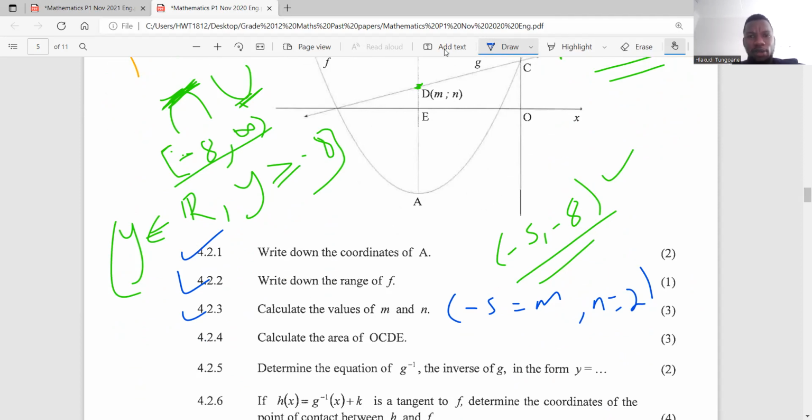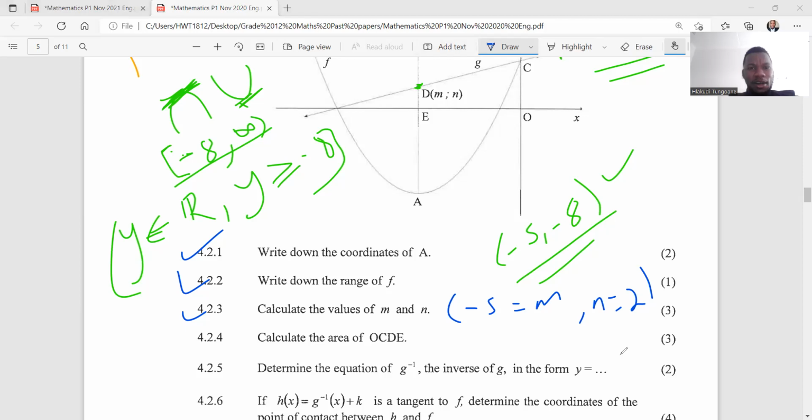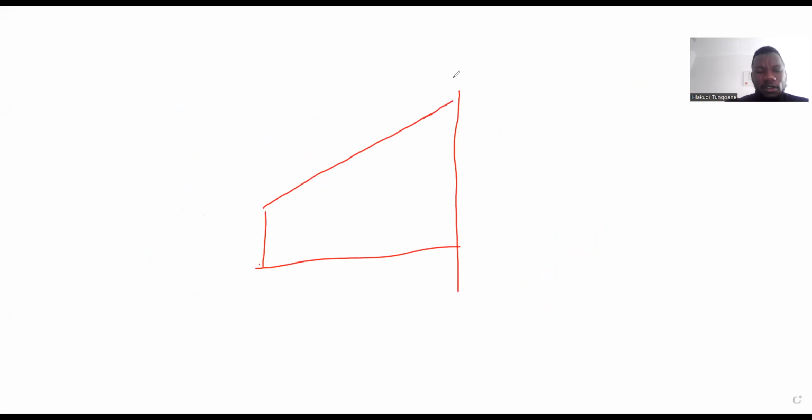Okay, I'm just going to open my whiteboard and then we discuss. They say determine the area for this shape. Let's go back.